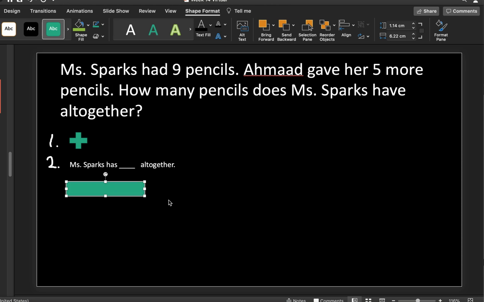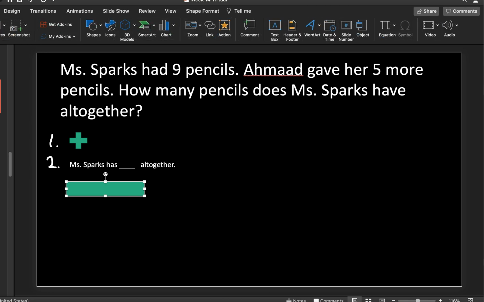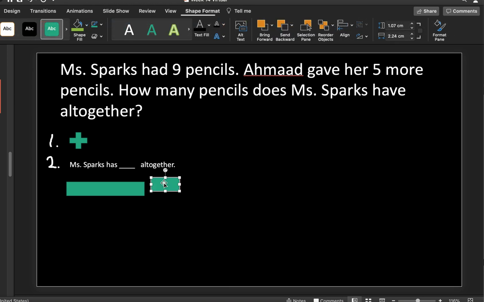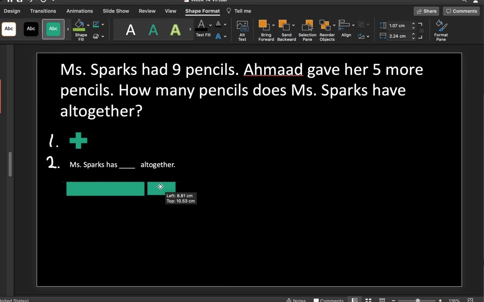All right, so Ahmad gave her 5 more. So here we go. Miss Sparks is going to do a smaller one of these. Why is she doing a smaller one of those, do we think? You guys are so smart, because 5 is smaller than 9. So Miss Sparks is going to move this down so you can see that goes together.